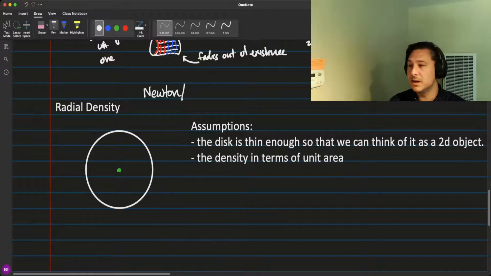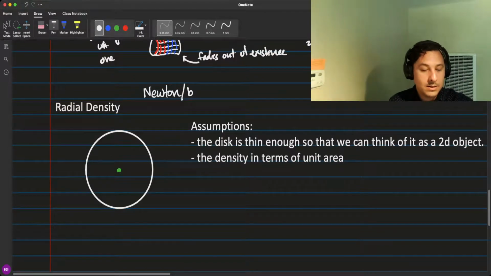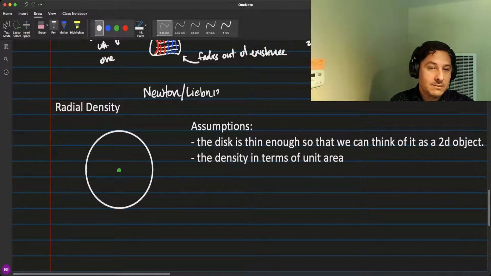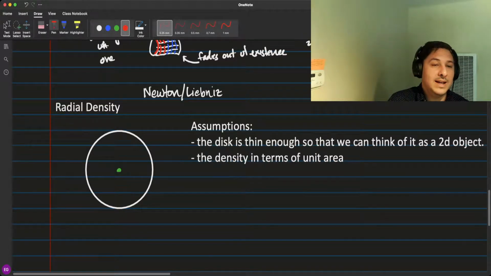Newton gets most of the credit, but there's two dudes who figured this all out. Yeah, German guy, Leibniz. Leibniz, I think, was the better mathematician, but we live in the Anglophone world, so people mostly give the credit to Newton. But interesting thing, they basically invented calculus so that they could solve physics questions.